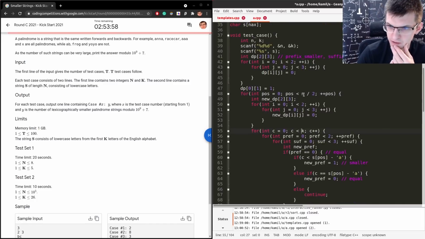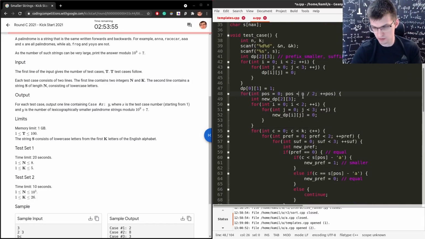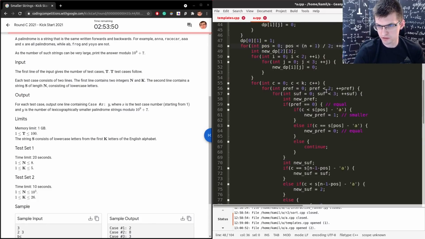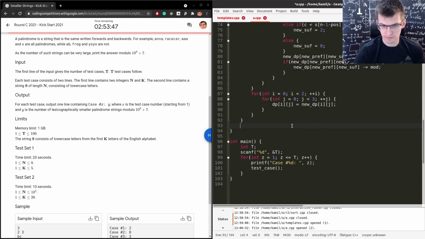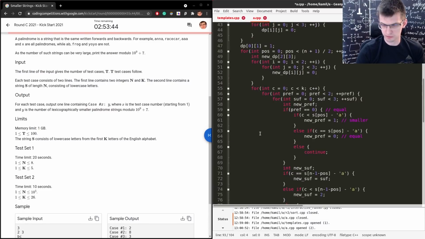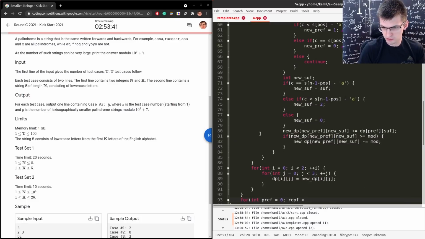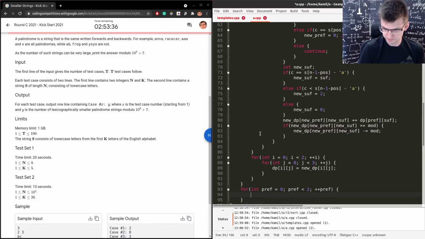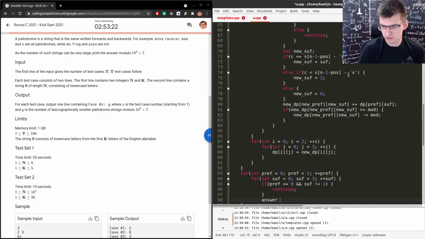I don't think I will, but if n is free, then we do this, and then either the first value must be greater, the prefix must be strictly smaller, if the prefix is equal and the suffix is not smaller, then continue, otherwise this is allowed.